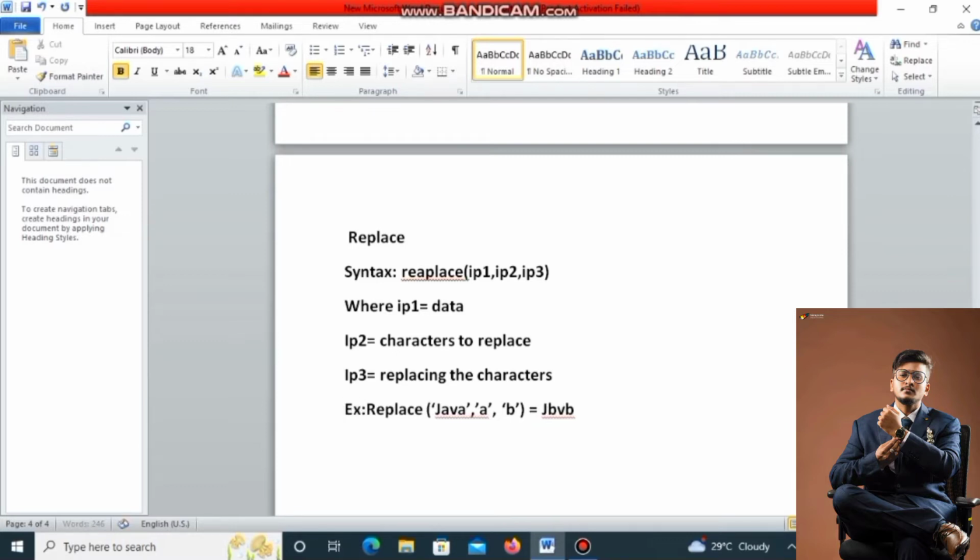I am going to explain some more examples so that you can understand very well. Example 2. Here we are replacing, just see, replace.